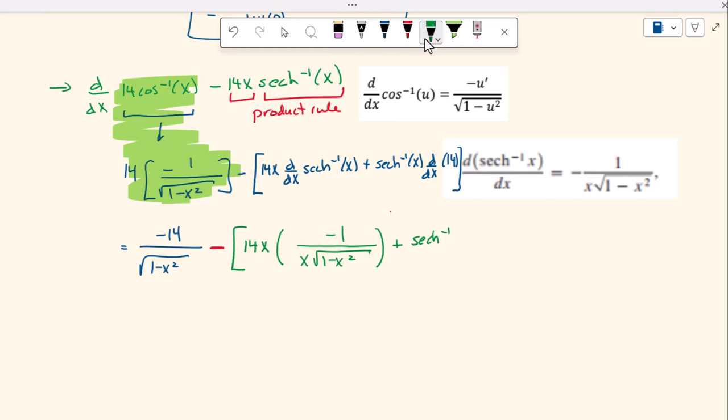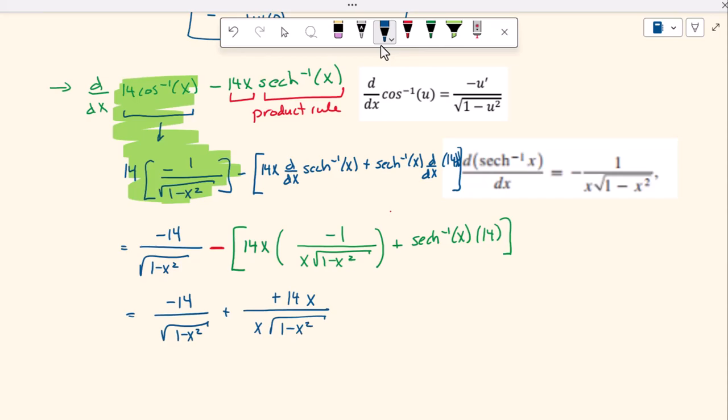Okay, so plus the second times the derivative of 14x. There should be a little x thrown in here. It's hard to see. And the derivative of 14x is 14. Okay, so let's go ahead and keep simplifying here. Dragging this along. I'm going to go ahead and distribute the negative. So this is going to be a plus 14x over x times the square root of 1 minus x squared.